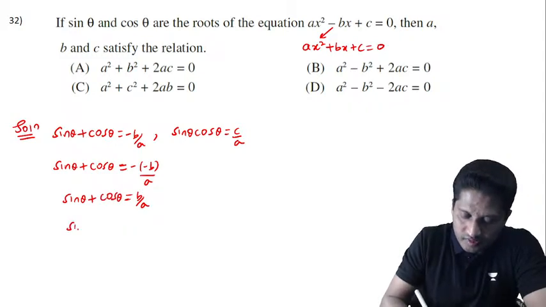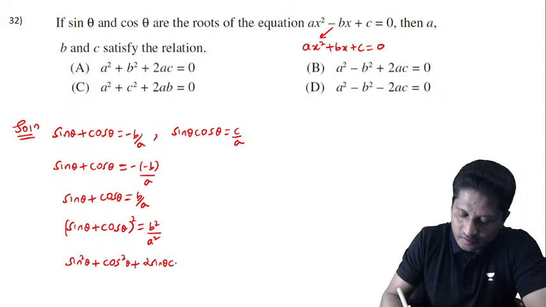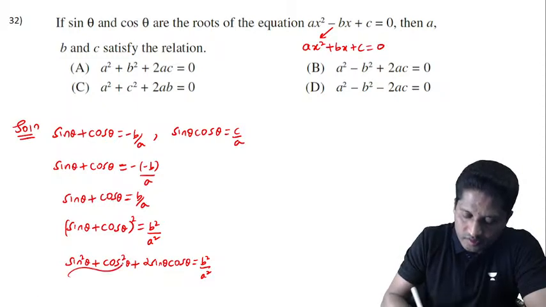If I square on both the sides, you get sin plus cos the whole square is equal to b square by a square. Right, now this is sin square plus cos square plus 2 sin theta into cos theta, is equal to b square by a square. Sin square plus cos square is 1.